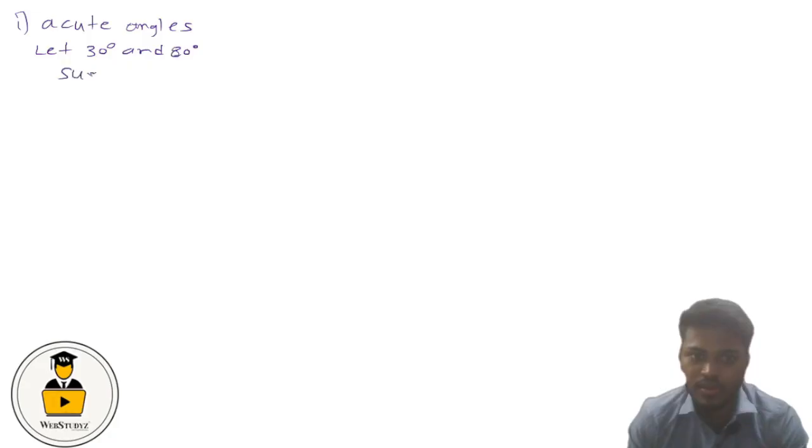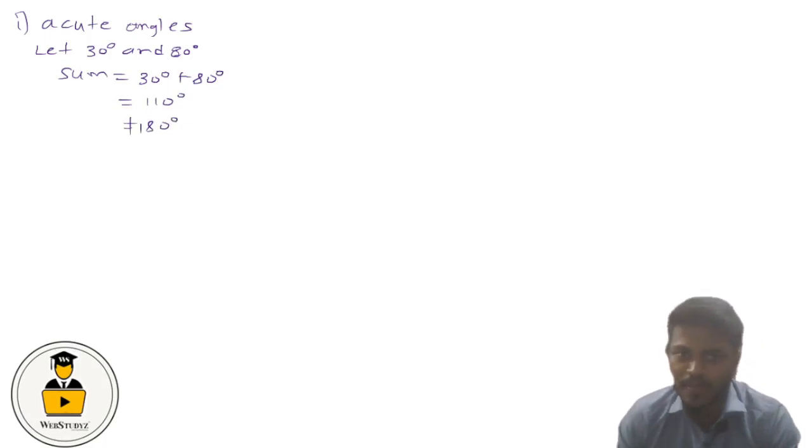Now, let us find the sum of these two. So, this will be 30 plus 80, which is 110, and it is not equal to 180 degrees. So we can say that this pair of angles is not supplementary.